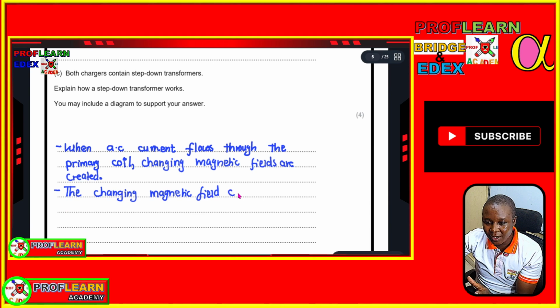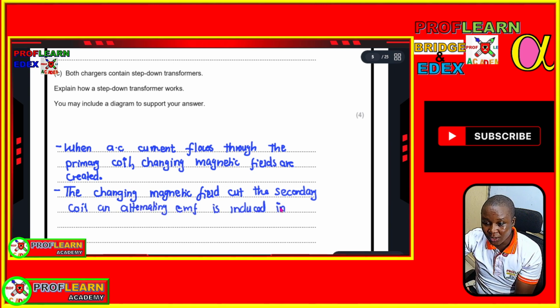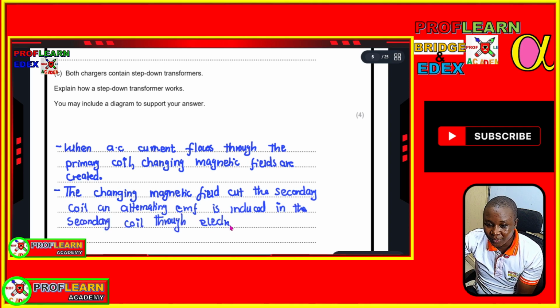So the changing magnetic fields cut across the secondary coil, and an alternating current is going to be induced in the secondary coil, and that's what's going to happen.